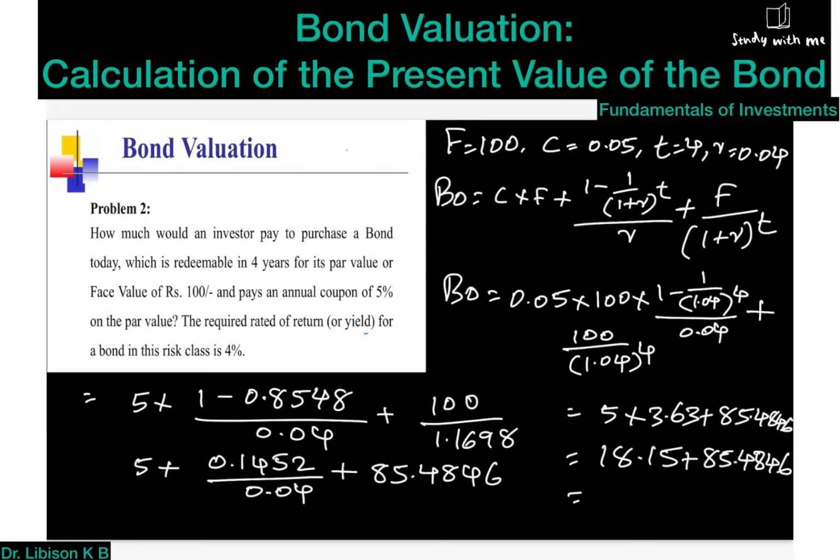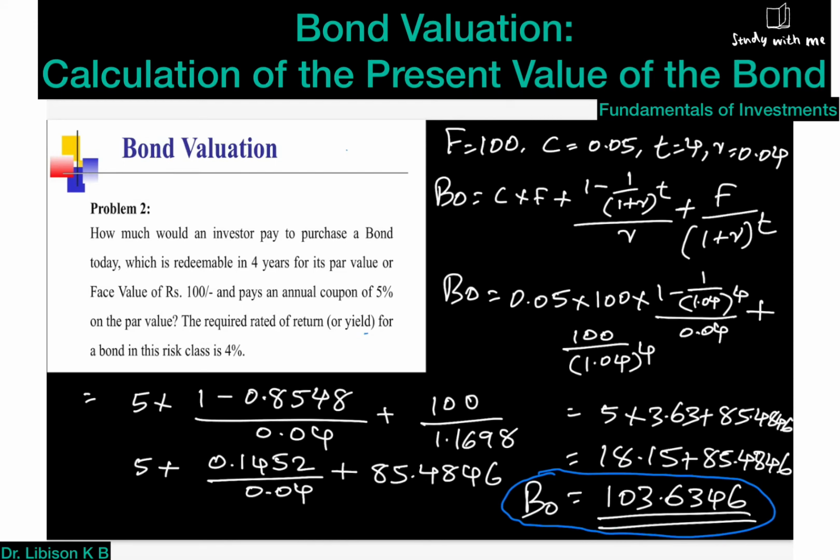So the final answer will be 103.6346. So B0 is equal to 103.6346. When it comes to decimals, there could be some variations. Don't bother about it.